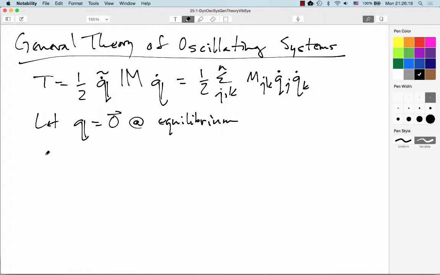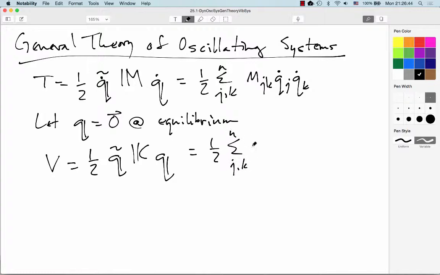And so with that choice and suitable clever choices to make the potential 0 at 0, we can write the potential energy as 1/2 q twiddle times our coupling matrix times q. And again, in index notation, that would be 1/2 sum over j and k, running up to n of k jk qj qk.